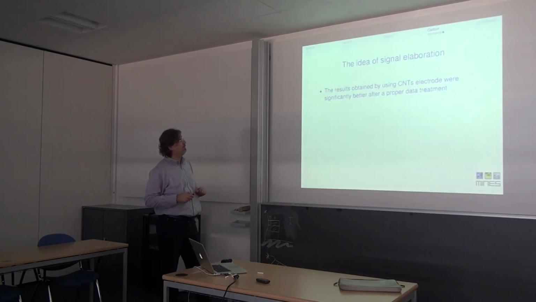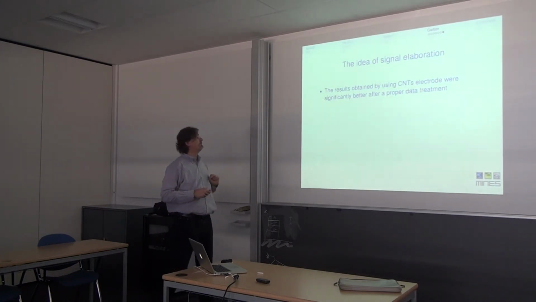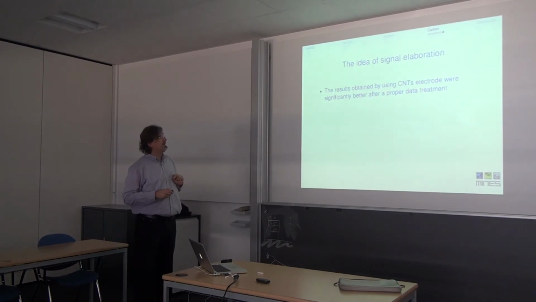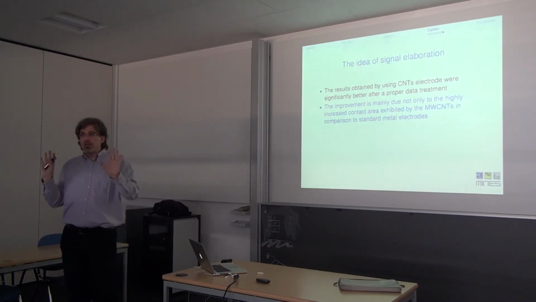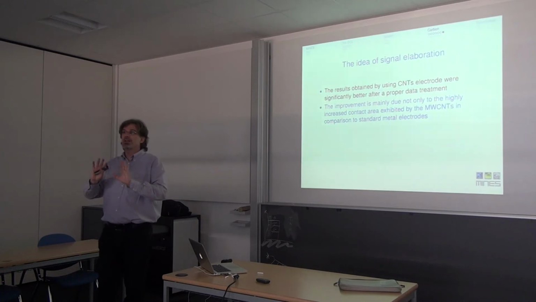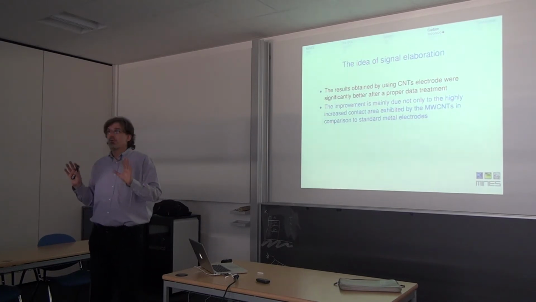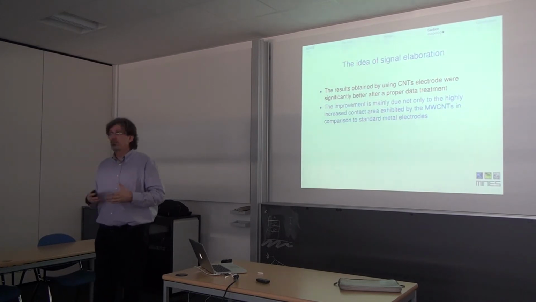So what we had in mind is to say this. It is better, of course, after proper data treatment, but I'm not able to tell you the final reason for this improvement. We asked some chemists, experts in carbon nanotubes and electrochemistry, such as Professor Francesco Paolucci in Bologna, whom I know very well.